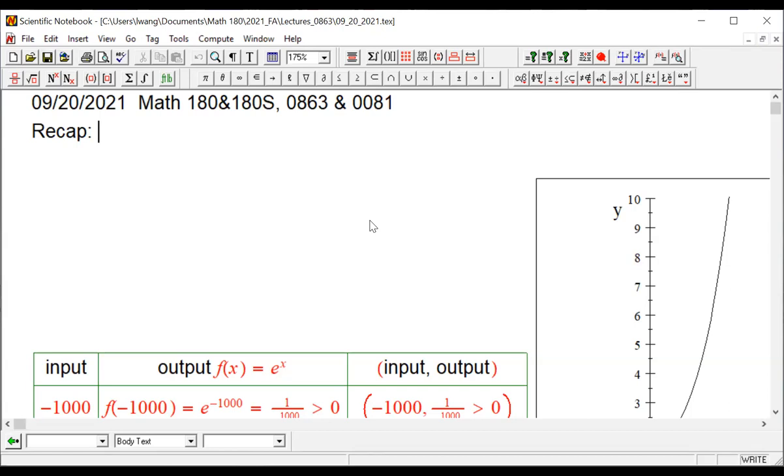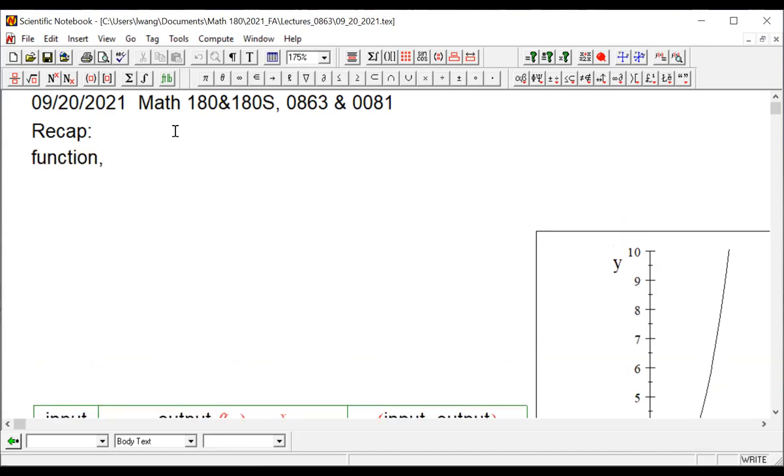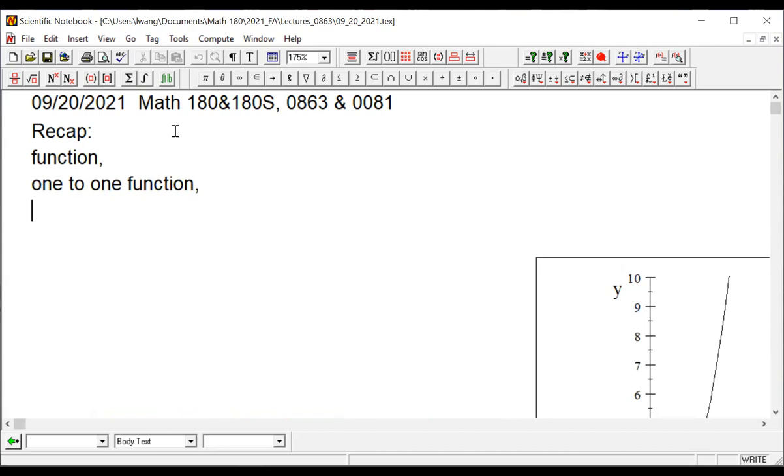We learned the definition of function. And then we go on to learn 1-to-1 function, and we learn about increasing function or decreasing function.